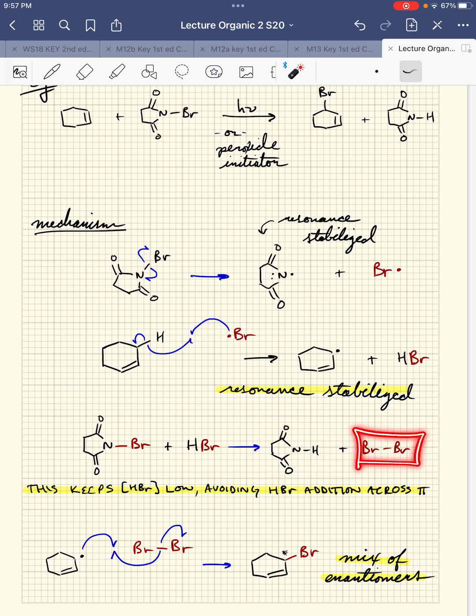And this molecular bromine is highly susceptible to reaction with carbon radicals to yield carbon-bromine bonds, shown down here, where my resonance stabilized carbon radical reacts with molecular bromine to yield my brominated product. Here in this particular instance, this is a stereogenic center, so you get a mixture of the R and S stereoisomers.